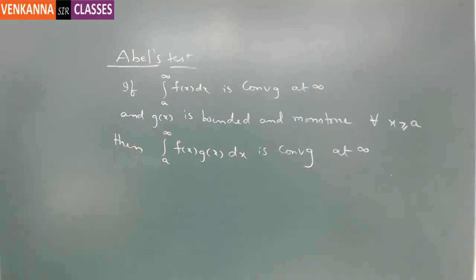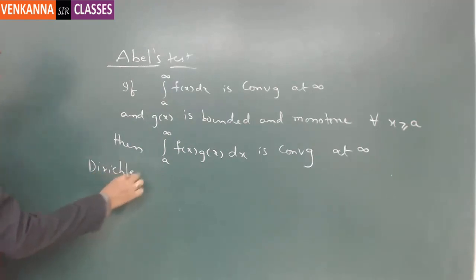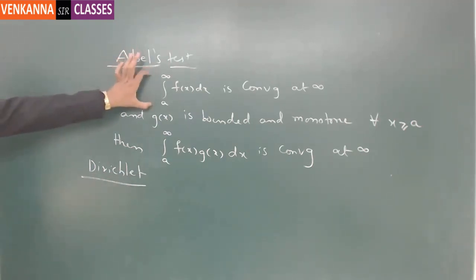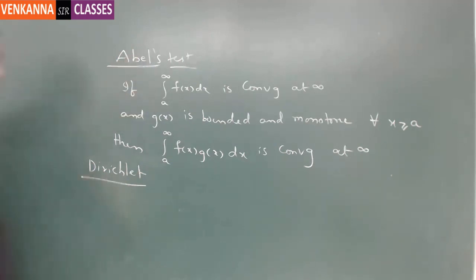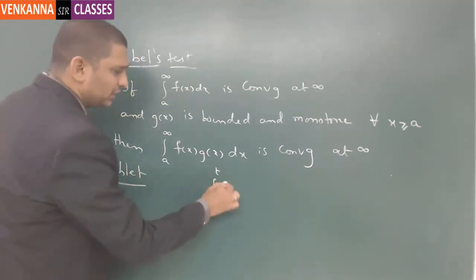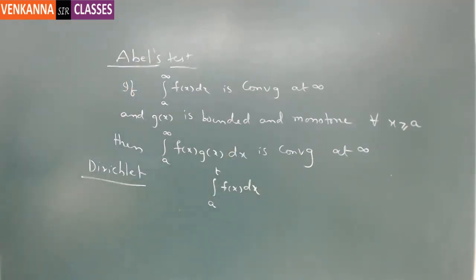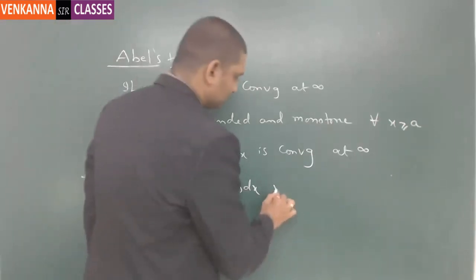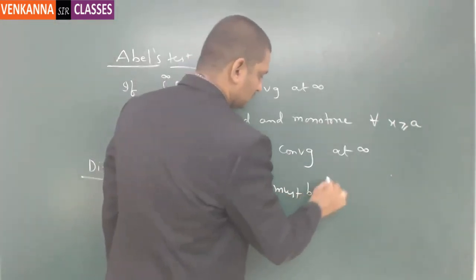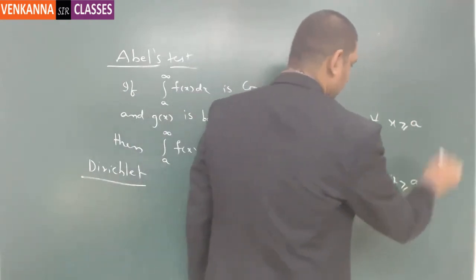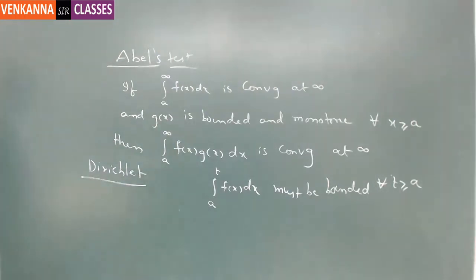Now the second test, which is Dirichlet test. Apart from taking the total integral a to infinity for f, we take the small integral a to t of f of x dx. It must be bounded. That was the first condition.